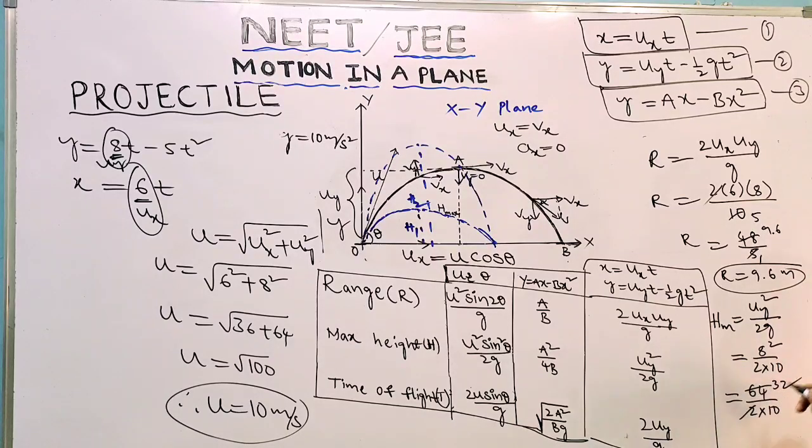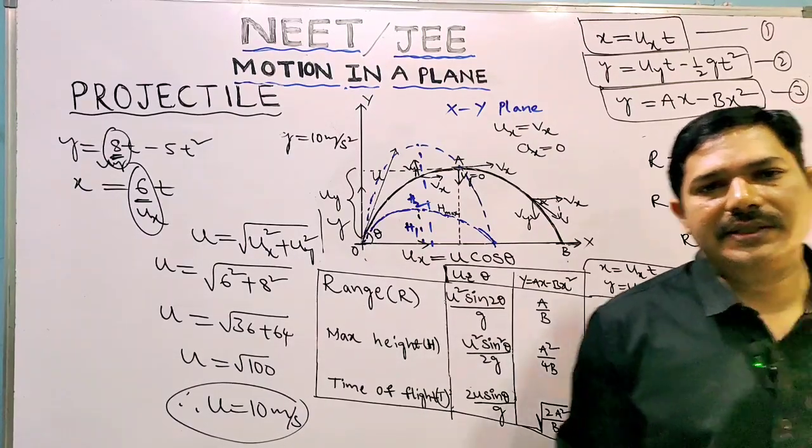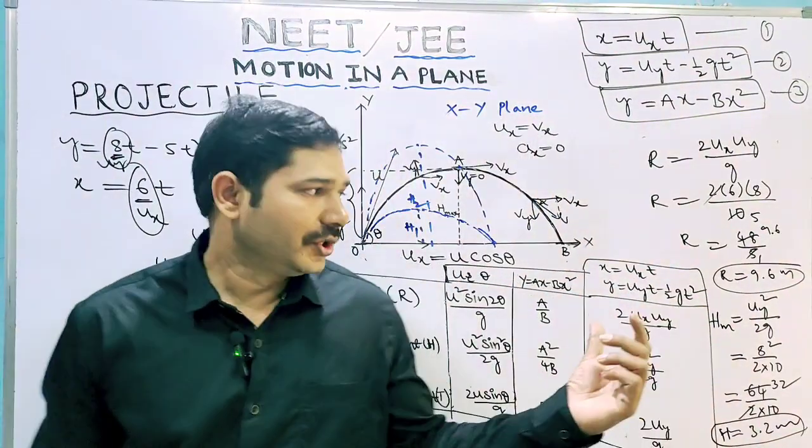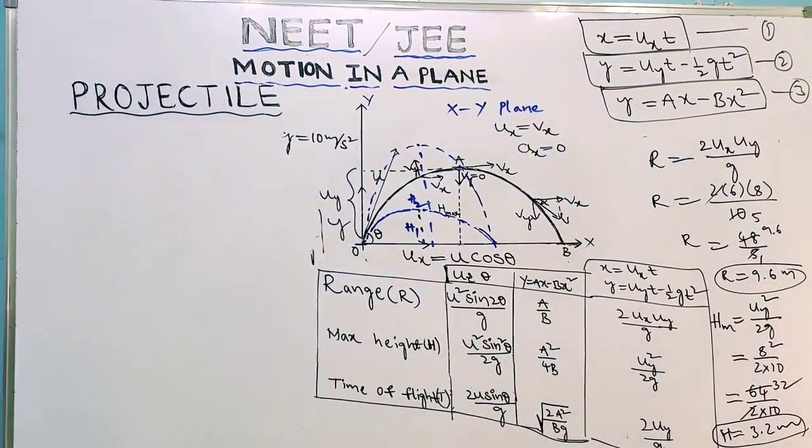Okay, 32 by 10, that is 3.2 meters. Maximum height is how much? 3.2 meters. Like this, any problem we can find out using these formulas.